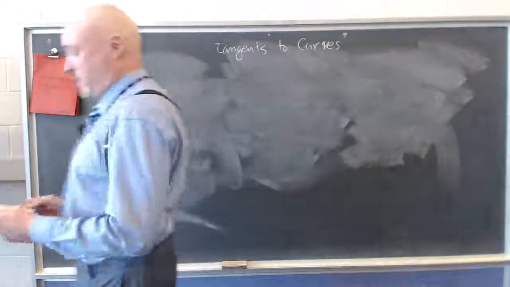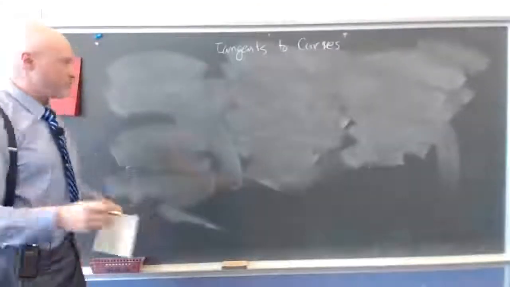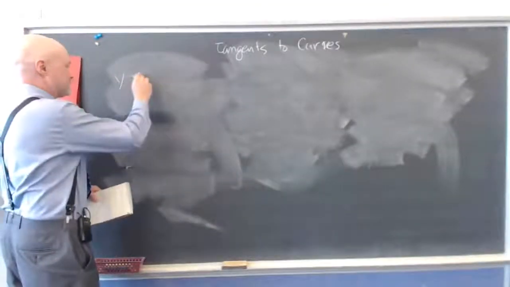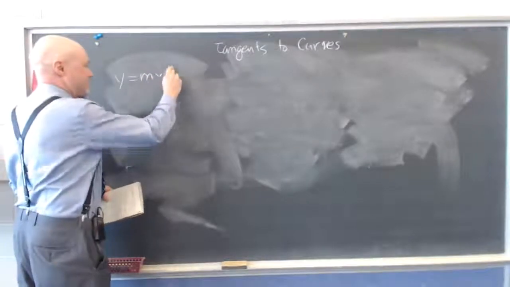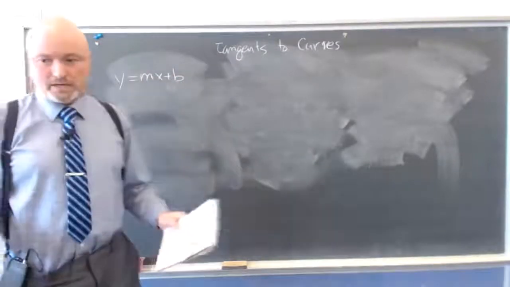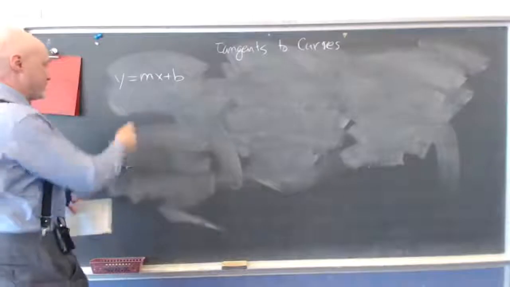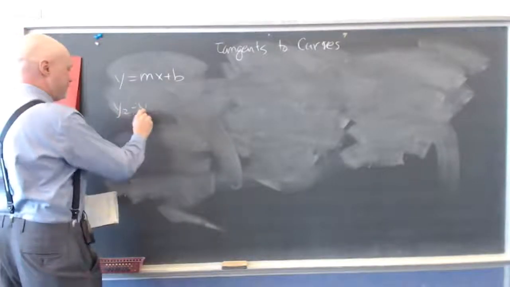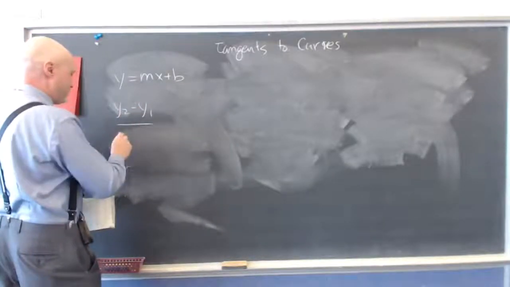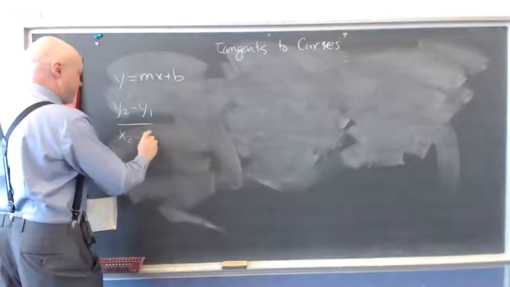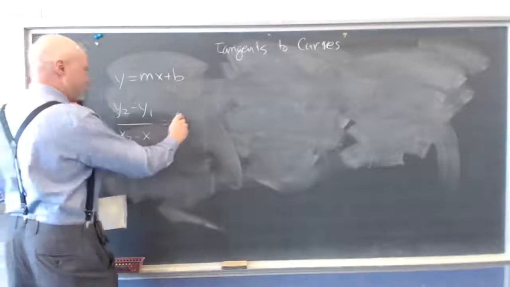Okay. All right. So we've got two forms of equations that tangents can take on. Y equals mx plus b. And then there's this other crazy one that I don't like, which is basically what they call the point slope form of the line.